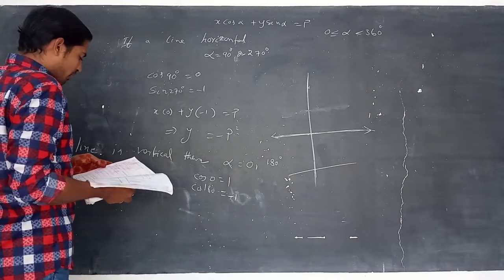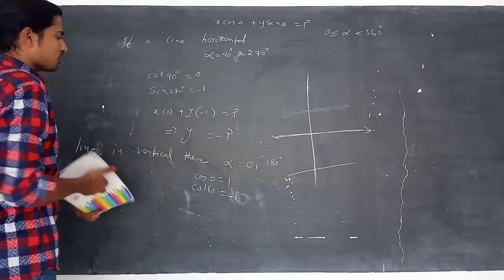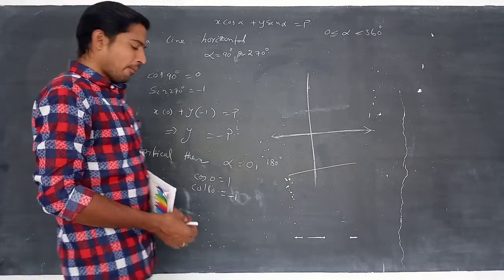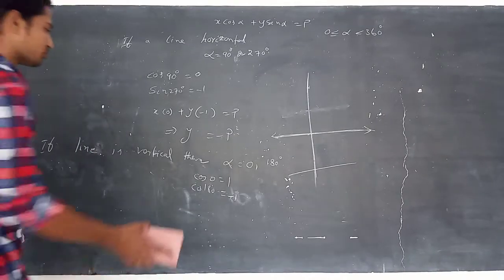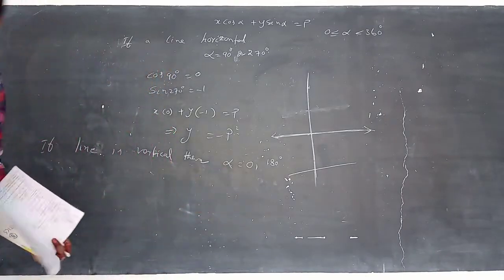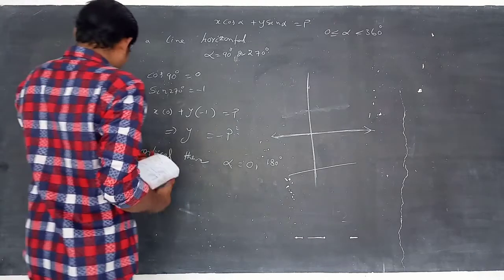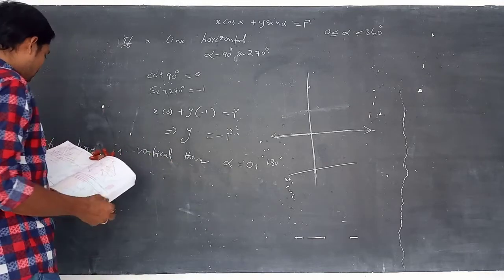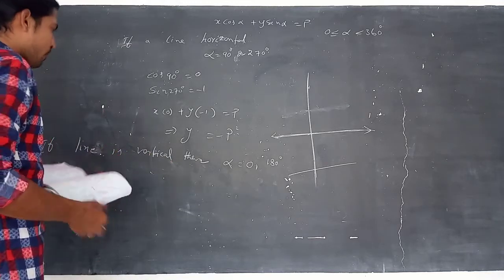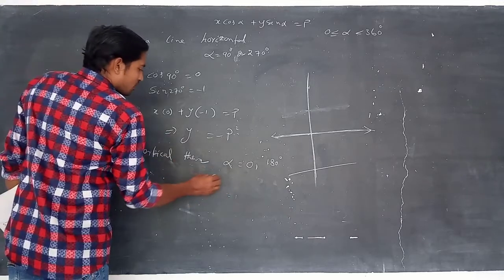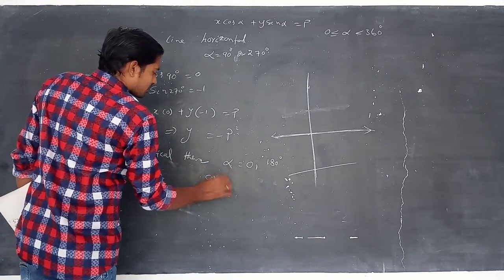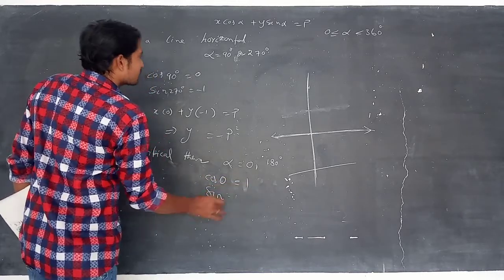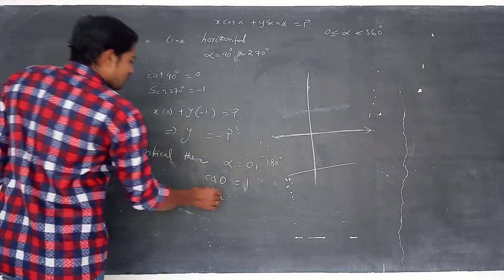Let us take first of all cos 0 degrees equal to 1 and sin 0 is equal to 0.